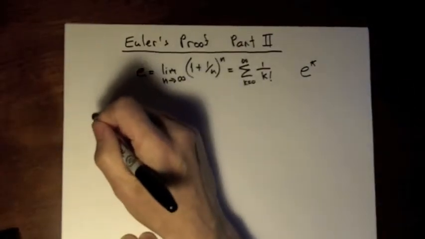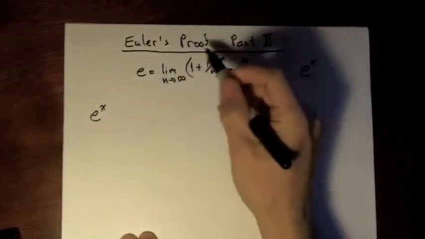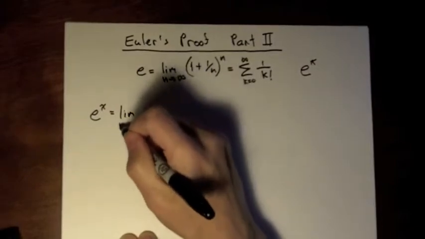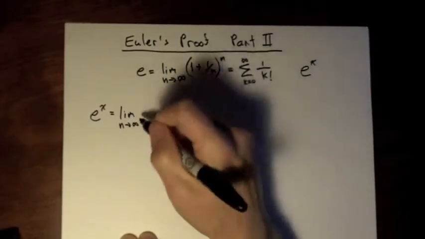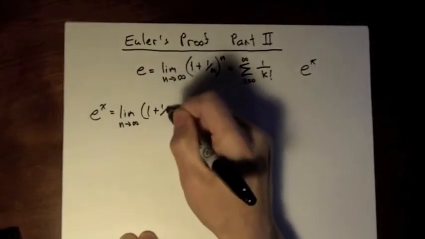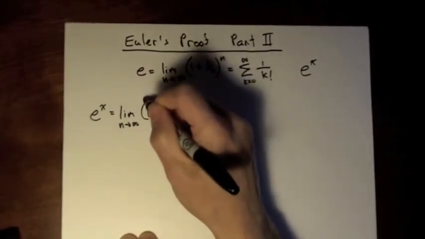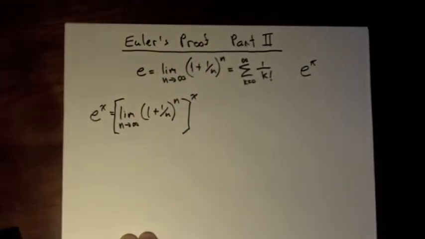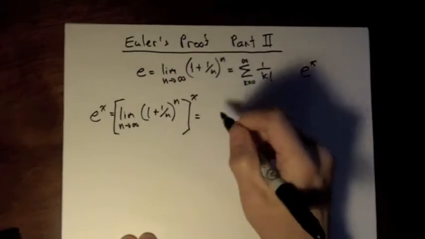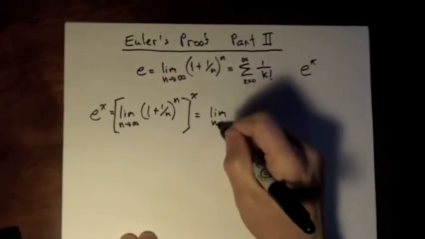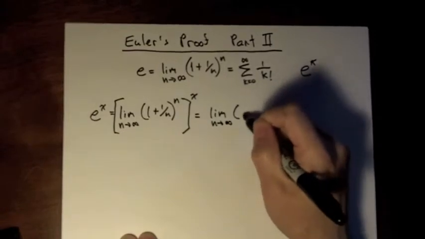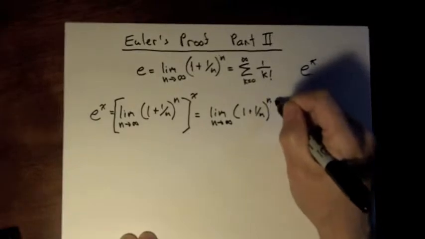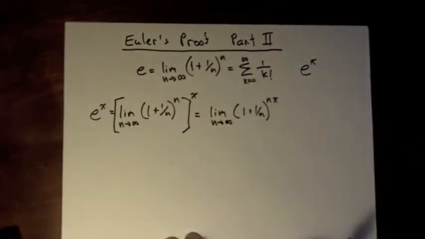Let's start with this. e to the x, according to Euler's definition, would be equal to the limit as n goes to infinity of (1 + 1/n)^n, raised to the x power, which we could simply represent as the limit as n goes to infinity of (1 + 1/n), and then using the rules of exponents, to the n times x.